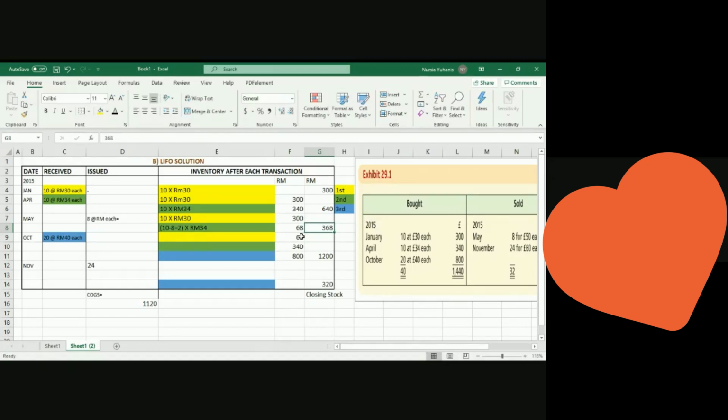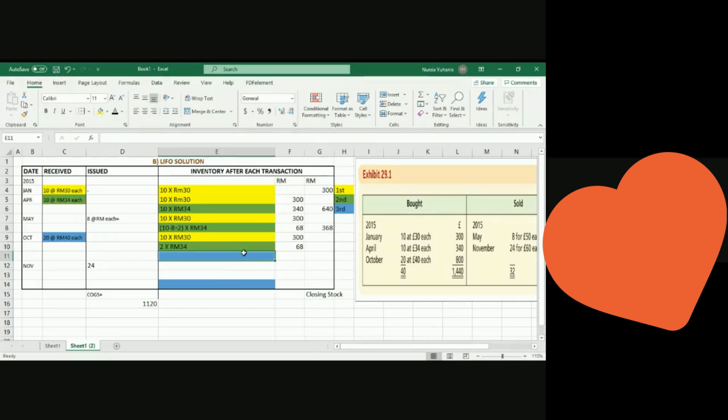Okay, and then starting October, you purchase new material. So what happened here? I copy this one because there are no changes. For the green one, I just take 2 multiplied by RM 34. So here 300, and the balance here is just copied from above, 68.